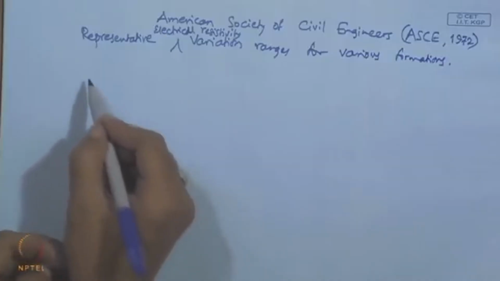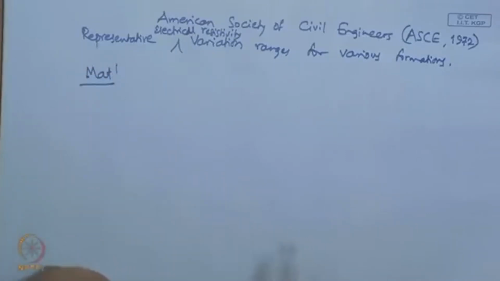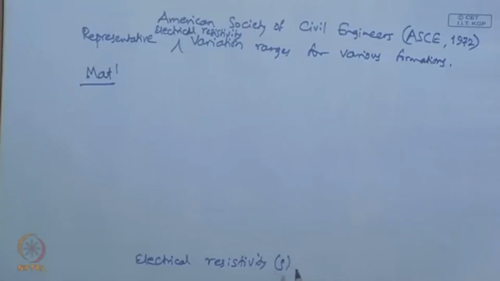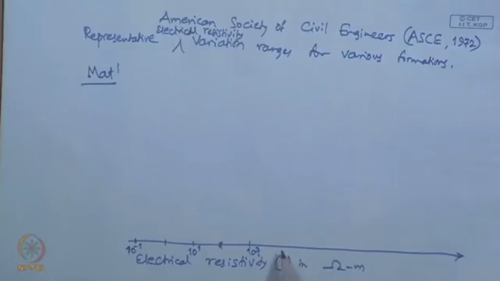In this case, we have the material and the electrical resistivity range in ohm meter, and the scale starts with 10 to the power minus 1 and moves on to 10 to the power 1, 10 to the power 3, 10 to the power 5, then 10 to the power 7.